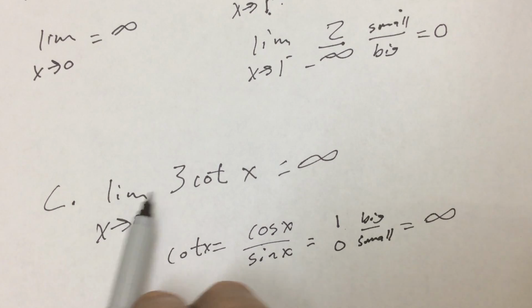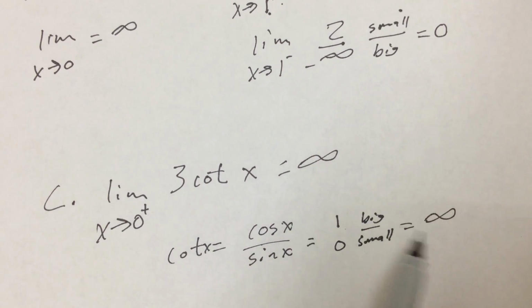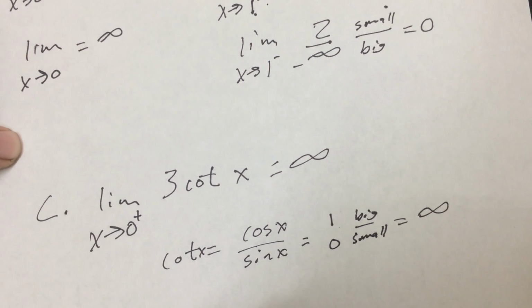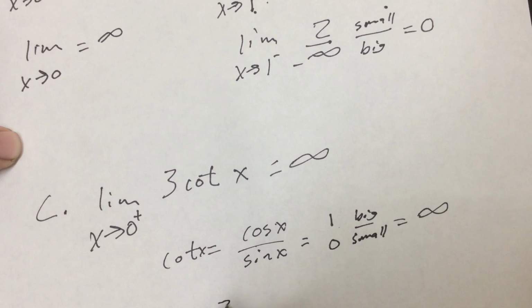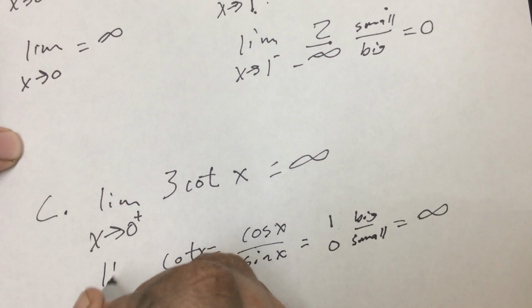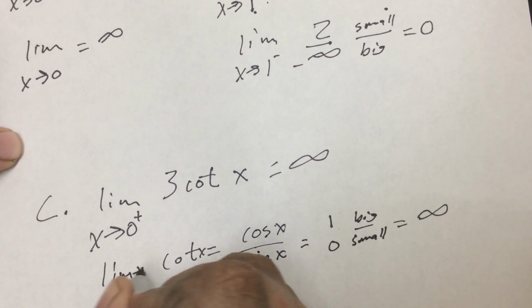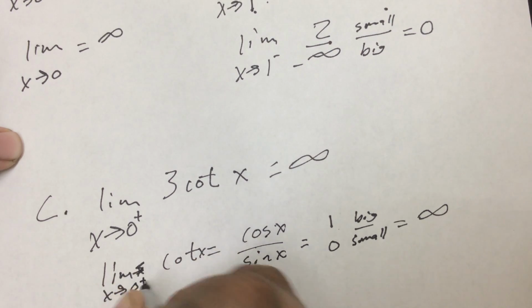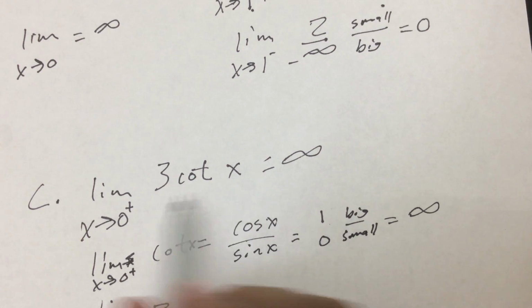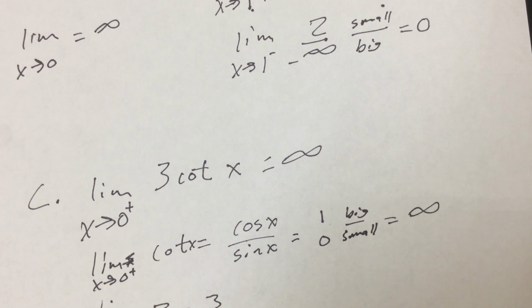Technically the limit of 3 would be 3, but with cotangent, if we break these up, we'd have 3 times infinity, which the whole thing would go to infinity, to use those properties. So that's the last one of this lesson.